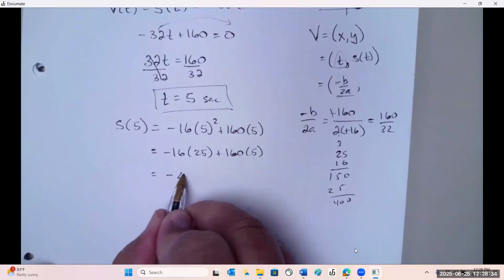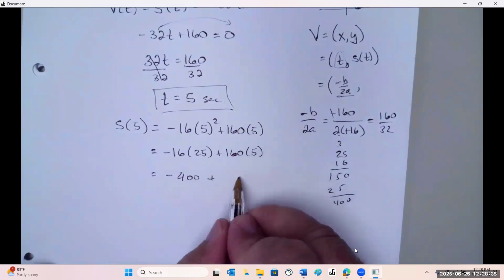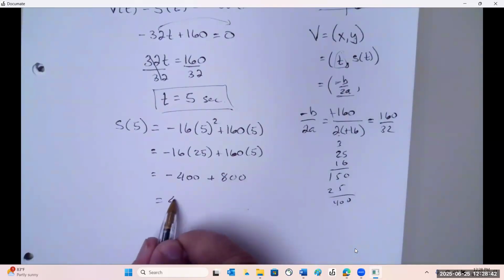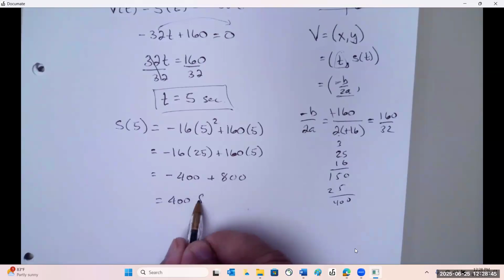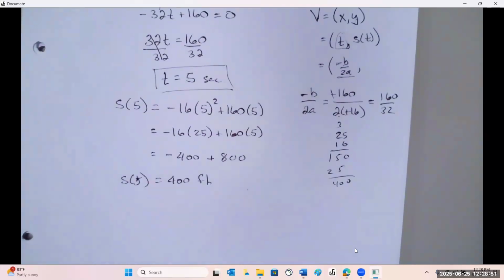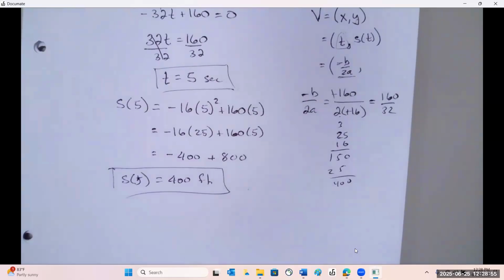So it's negative 400 plus 800, which is 400 feet. So the highest it goes is 400 feet straight up after 5 seconds.